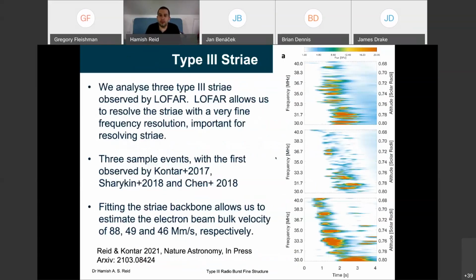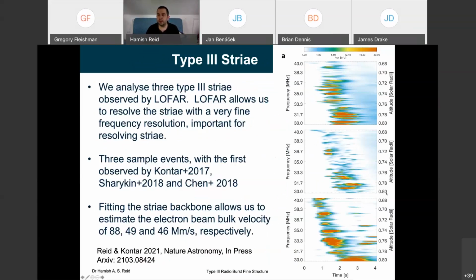So what we did is we analyzed 3 type 3 striae bursts observed by LOFAR. Now, we specifically chose striae bursts that showed quite a lot of fine structure to sort of highlight the results that we had. The 3 dynamic spectra are shown on the right-hand side with an associated density model.